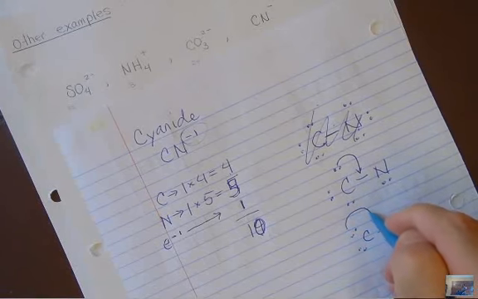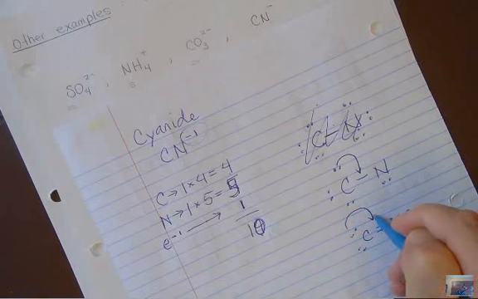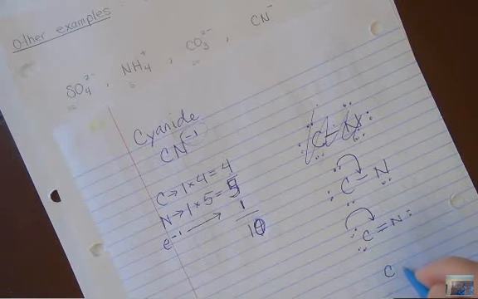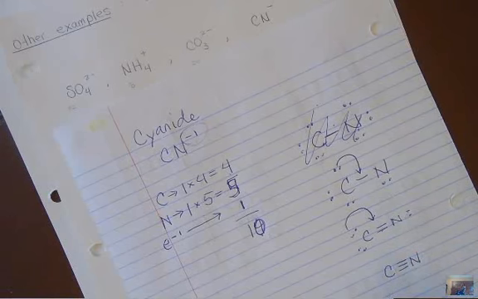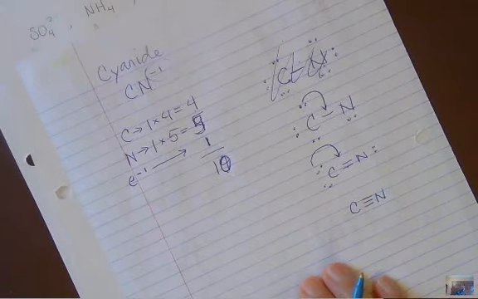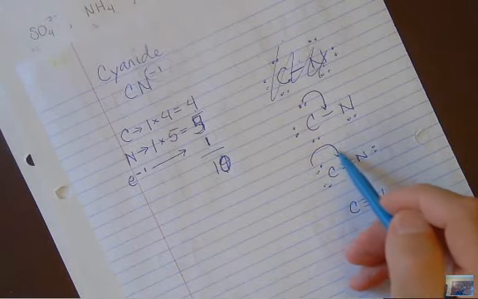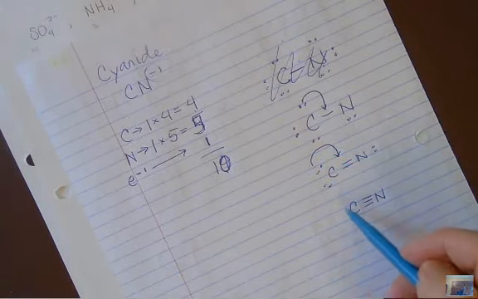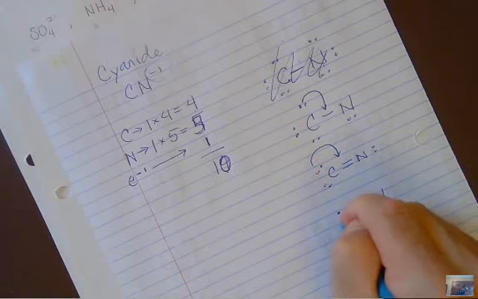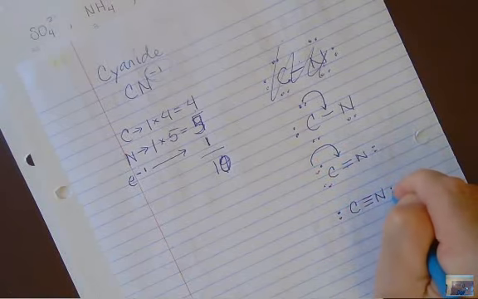Take another pair. So the reason for making multiple bonds is to use the electrons in a better way so that if you share them, both parties can get to an octet. So if I push those guys in, there's only one set left over here and one set left over here.